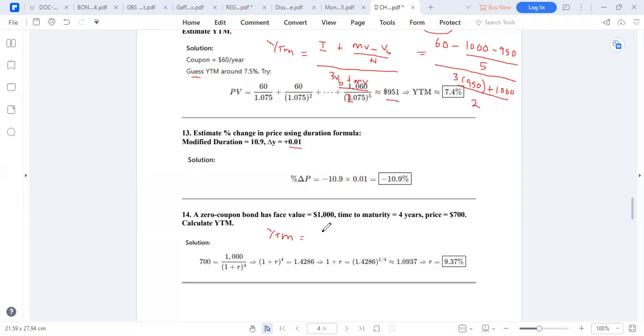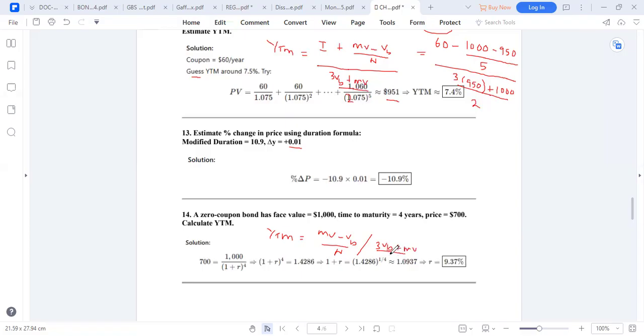I plus MV minus VB, so I'm removing the payment part because it is 0 either way, over N, everything divided by 3VB plus MV over 2.